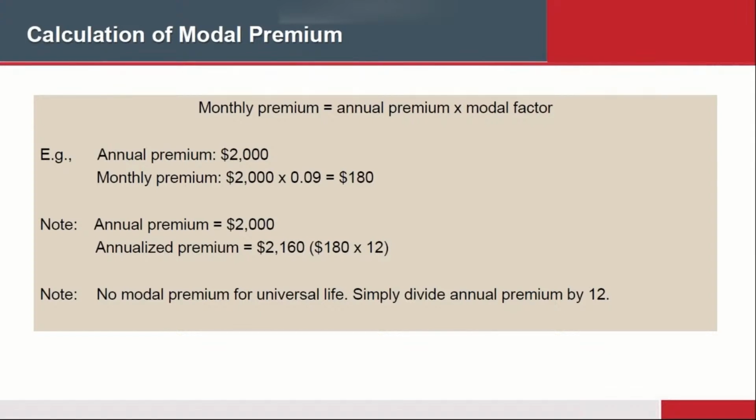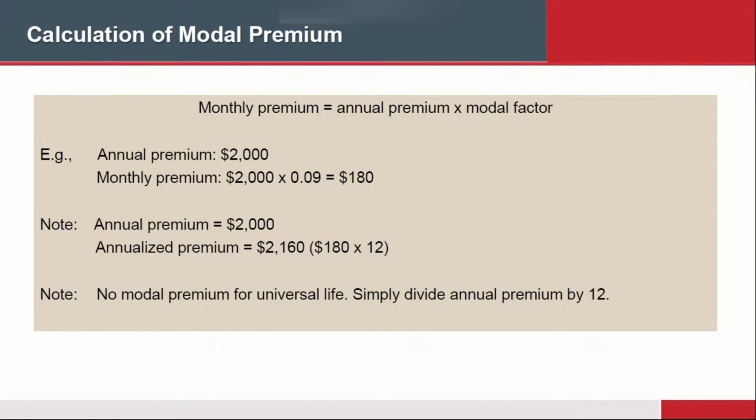Now, when you do the math and multiply the 180 times 12, you discover that the annualized premium is $2,160. In other words, there is a surcharge that you must charge your client if they decide to pay for their term insurance or whole life policy or disability policy, or whatever it is, on a monthly basis.